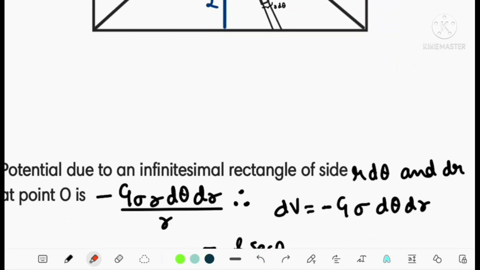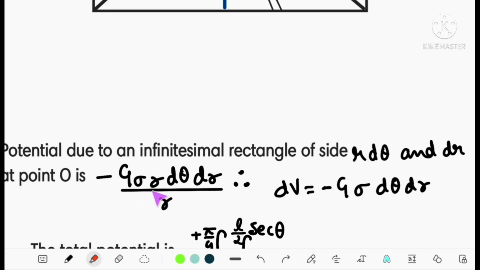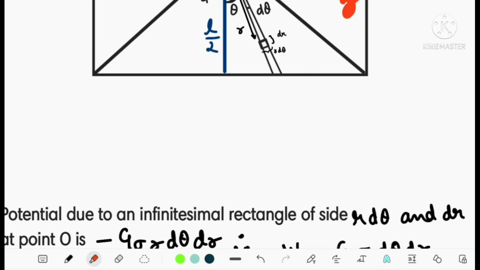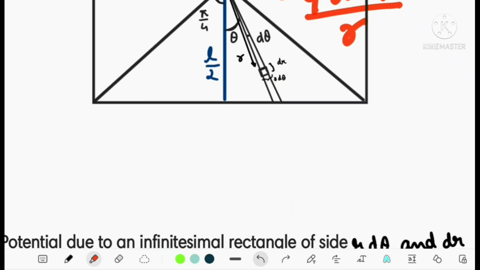So we can write the potential as minus G sigma r d theta dr by r, and dV will be equal to minus G sigma d theta dr. Now this is the potential due to this small differential element at point O.